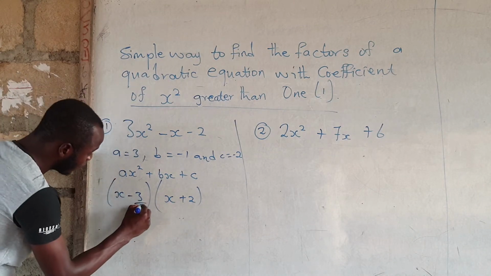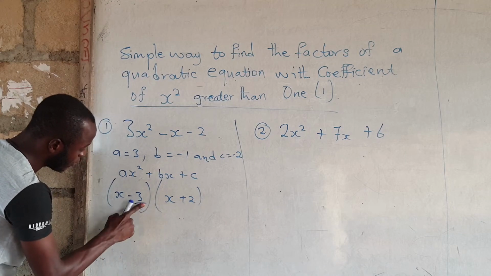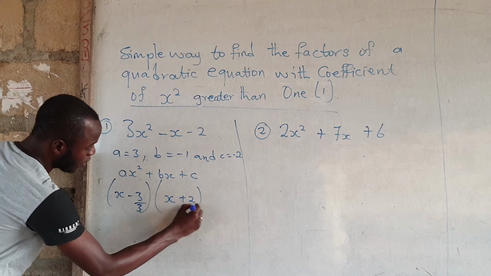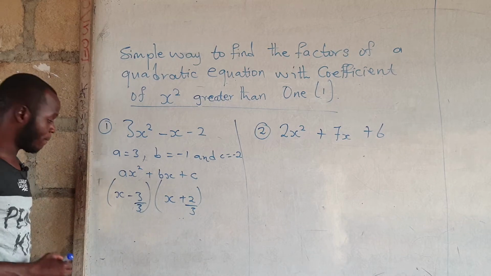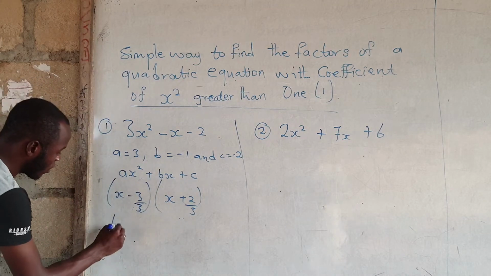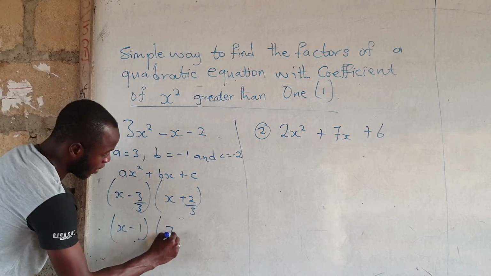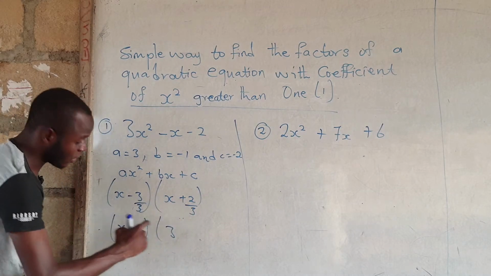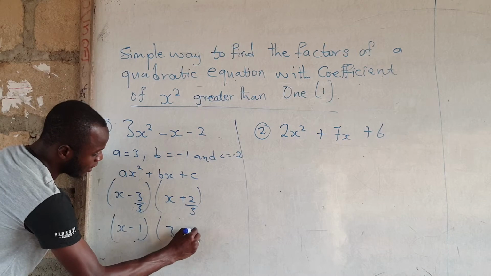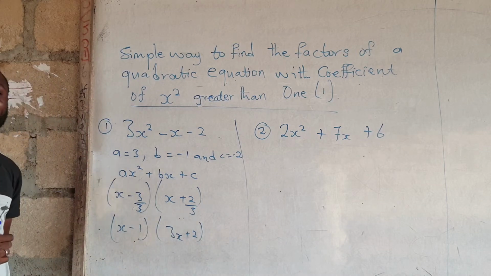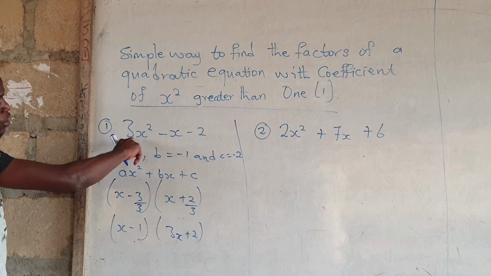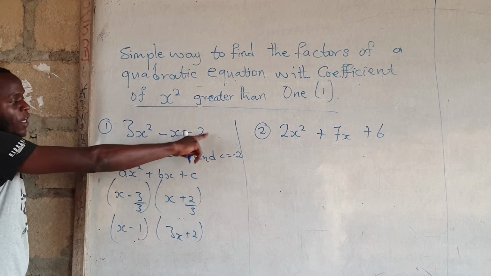In this case, we have over 3 here, and over 3 here. So 3/3 gives x minus 1, and in the other bracket, when you multiply through by the 3, you have 3x plus 2. And this will give you the factors of the quadratic equation 3x squared minus x minus 2.